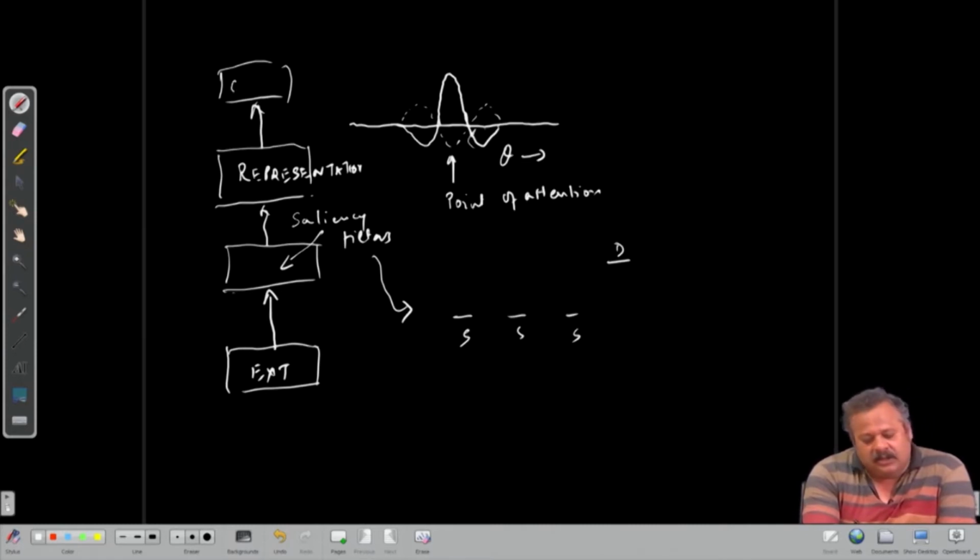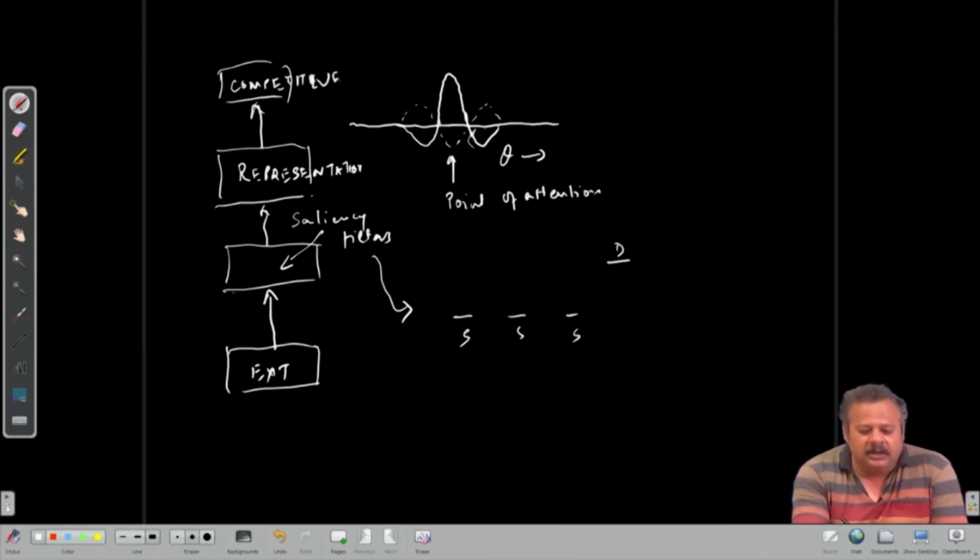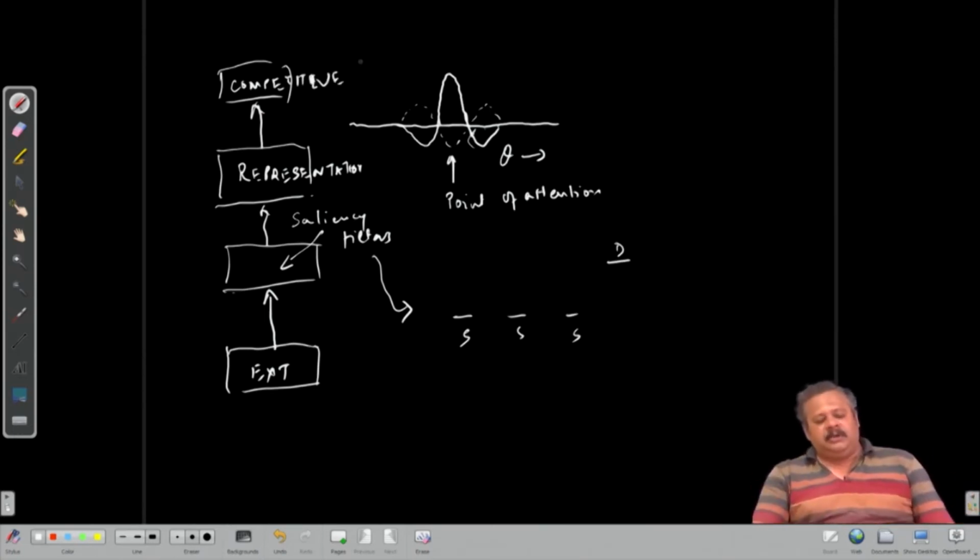This is the competitive selection. There are multiple stimuli that are vying for our attention. Right now, there are many things in front of me, and even you. I am trying to focus on what I am writing and on that camera. Similarly, you are also focusing on one particular thing, but there are many that are coming in.